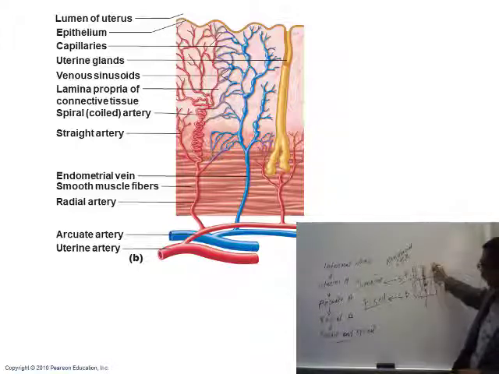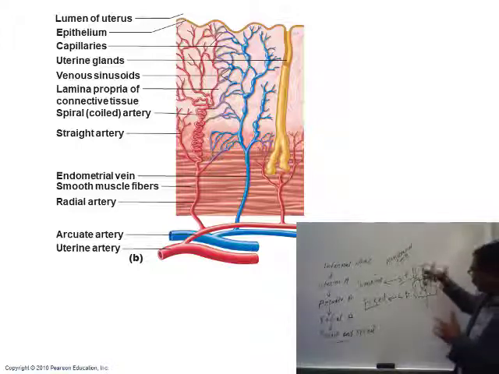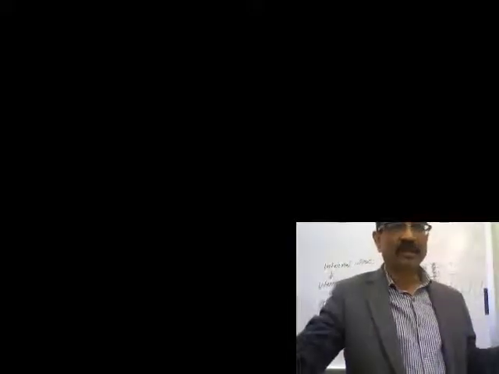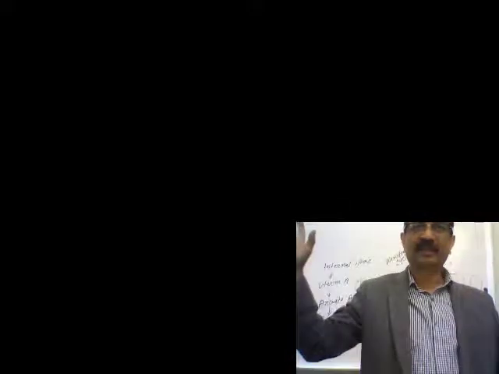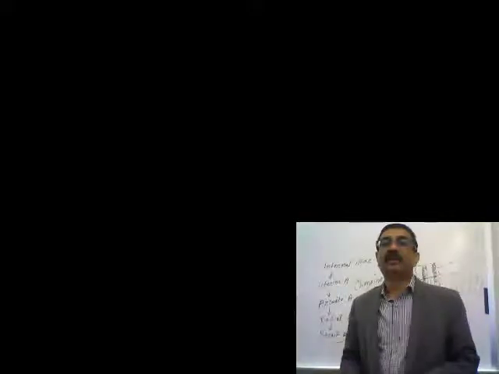So when the spiral arteries get heavily constricted, almost no blood reaches the stratum functionalis in this part, and that part is destroyed because of no oxygen, no nutrition. So that's the mechanism of destruction of the functional layer. No blood will flow there, that tissue will be destroyed. Is it clear? And it will be shed out. So that is the menstruation.